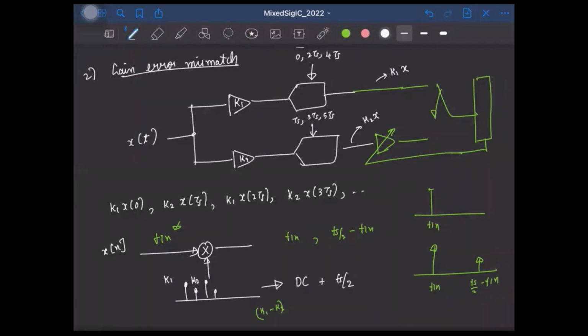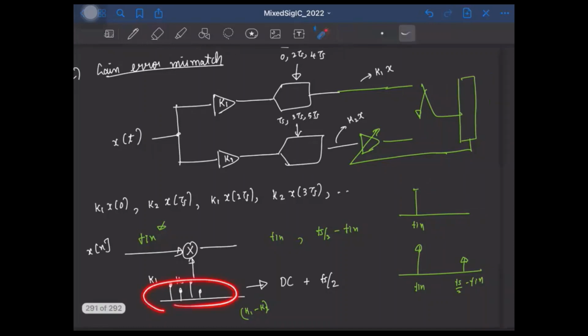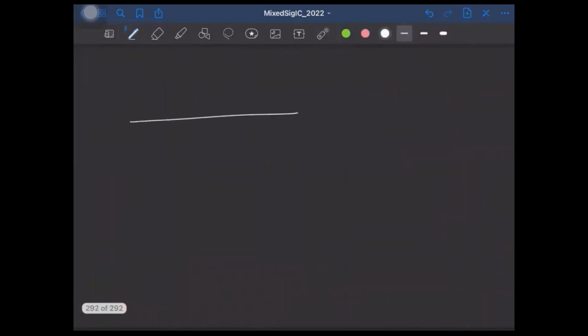Okay. And of course, we considered the case only for 2 channels, but if we have an n-channel case, what will happen? This sequence here will look like this, right? So the sequence here will be K1, K2, K3, so on till Kn, and then it will repeat. Right?